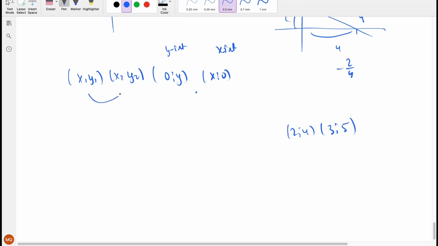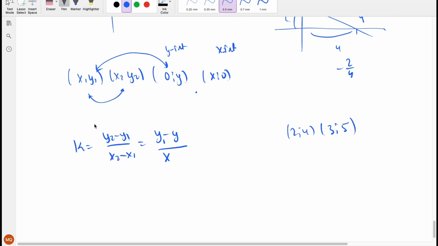First let's find the slope using these 2 points. After that we find it using these 2 points. Y minus y1 over x minus x1 equals y1 minus y over x1 minus 0.